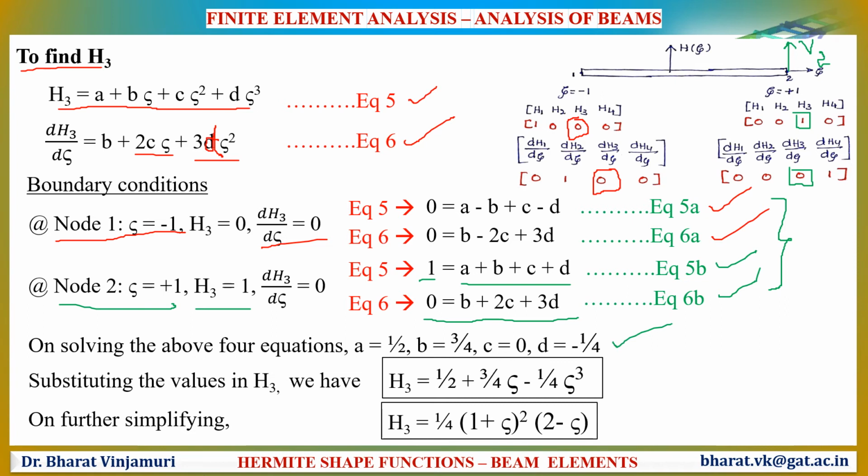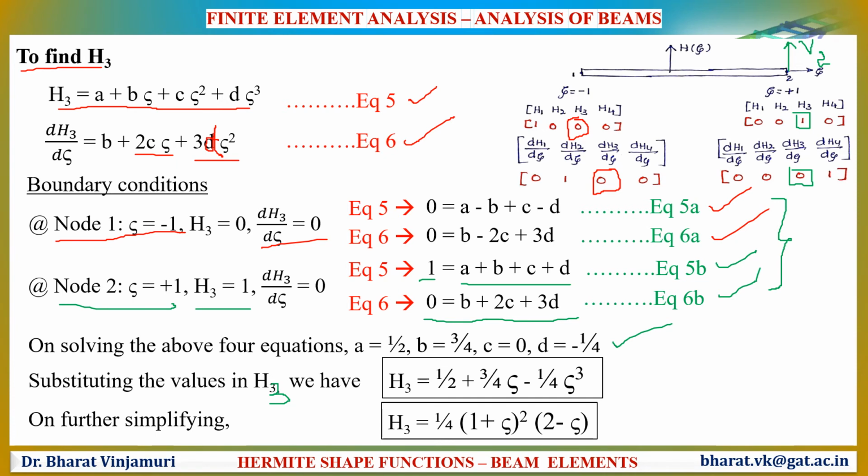Further simplifying, solving these four equations will give the coefficient values: a is equal to 1 by 2, b is equal to 3 by 4, c is equal to 0 and d is equal to minus 1 by 4. Substituting these values in H3, we have H3 is equal to 1 by 2 plus 3 by 4 zeta.